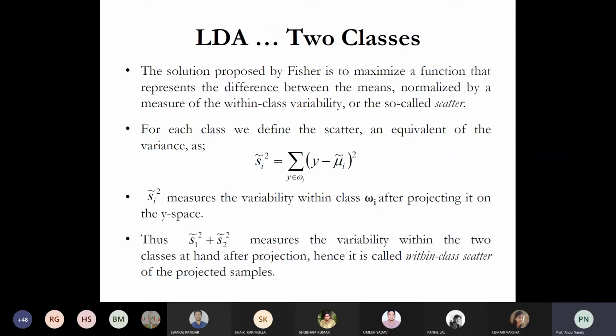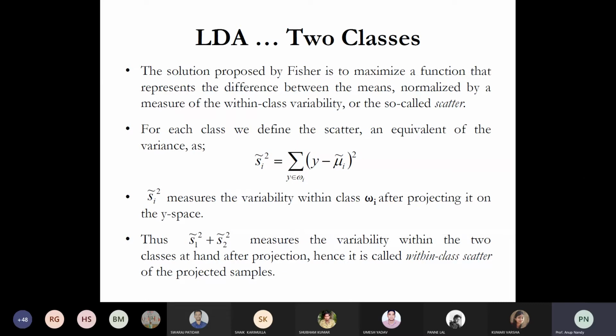In a few books you can find that you have to minimize this within class variance, or intra class variance. Within class variance is equivalent to intra class variance, and between class distance means inter class distance. So these are the two terms.